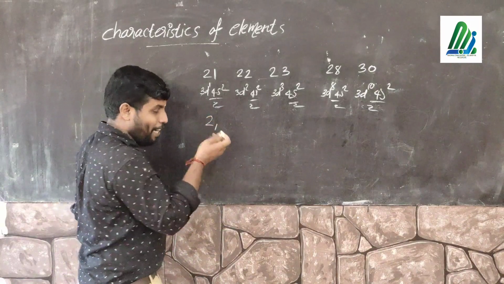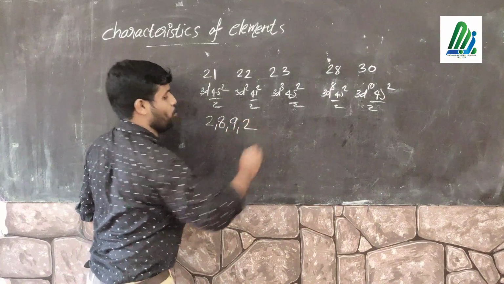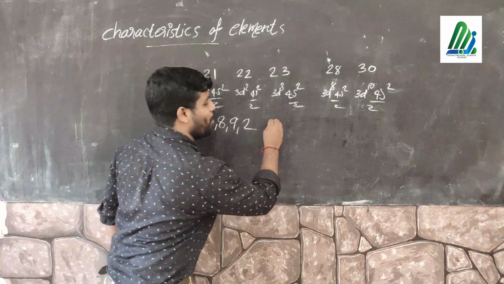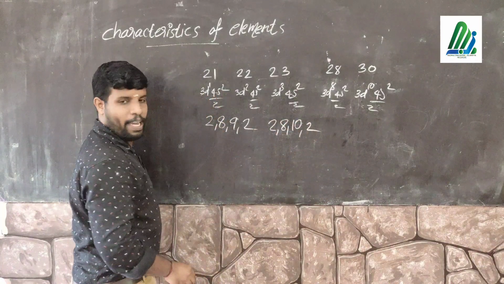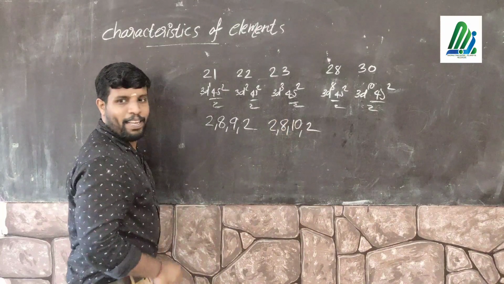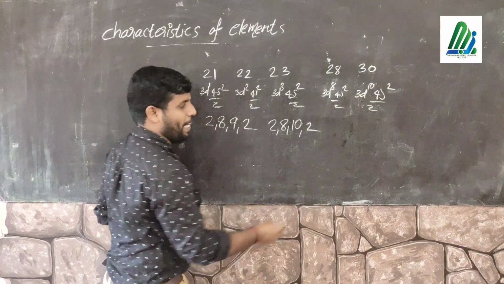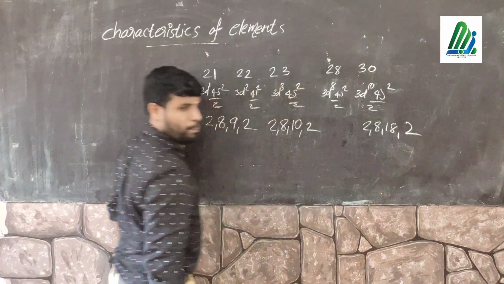For 21 the electronic configuration is 2, 8, 9, 2. For 22 it is 2, 8, 10, 2. Now you get the idea. What about 30? The electronic configuration is 2, 8, 18, 2.